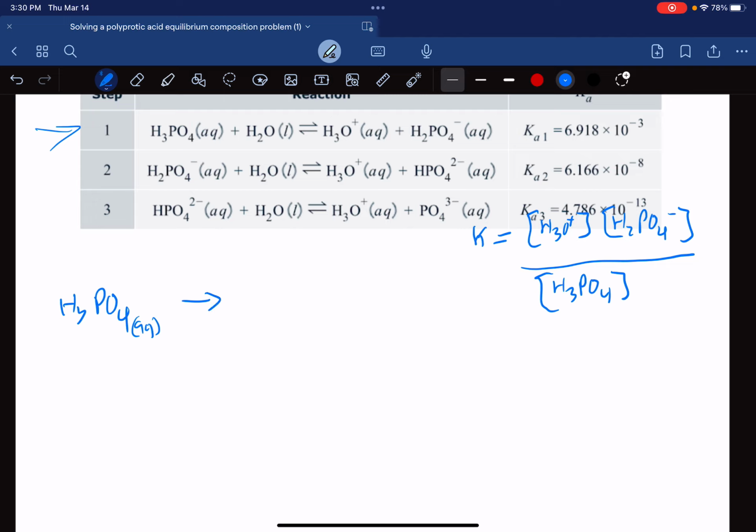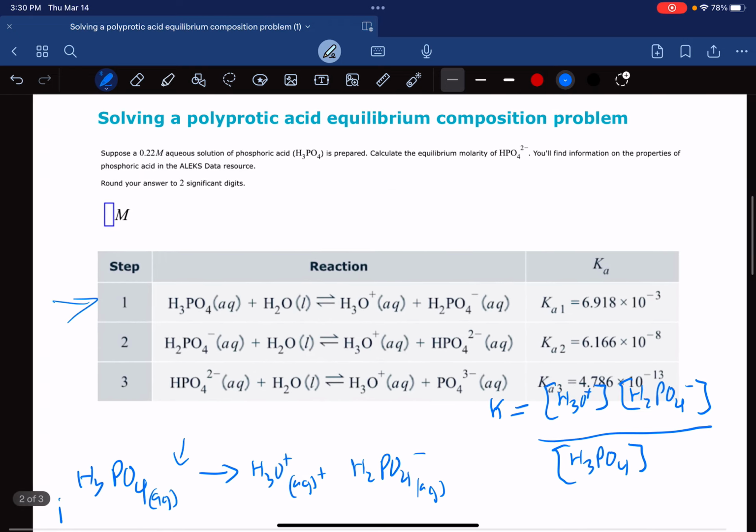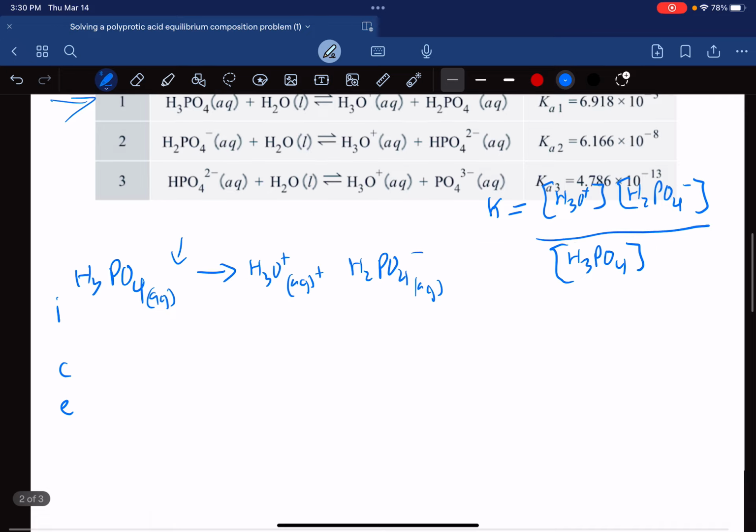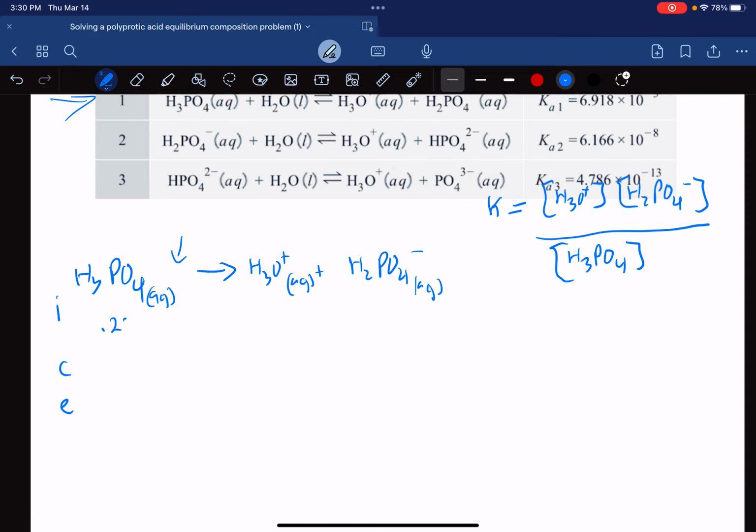And that's going to go to H3O plus plus H2PO4 minus. Again, it seems sort of weird to not have the H2O in here, but just realize it is right here. If I do an ICE problem for this, I'm going to start off with 0.22 molar, right? And that's going to go right here, 0.22 molar.